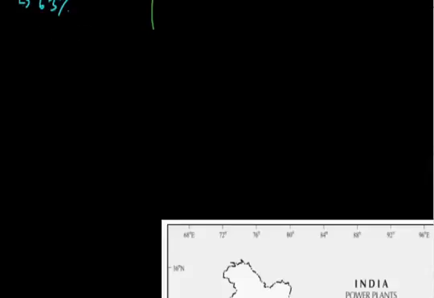Now let us come to the next part of the chapter, and that is electricity. We get electricity which is about 104917 megawatt an hour.